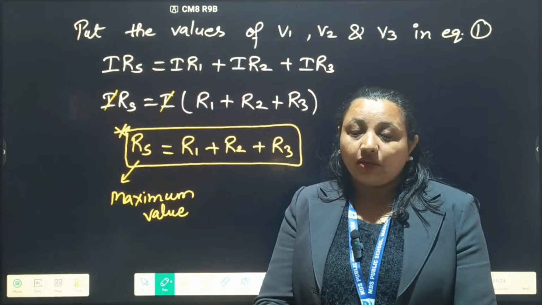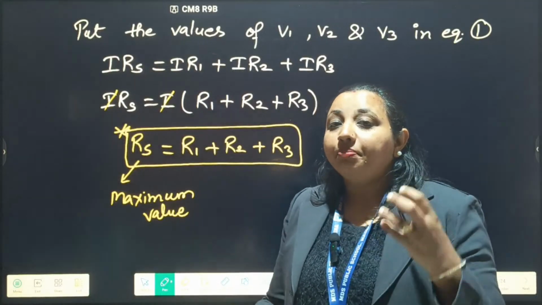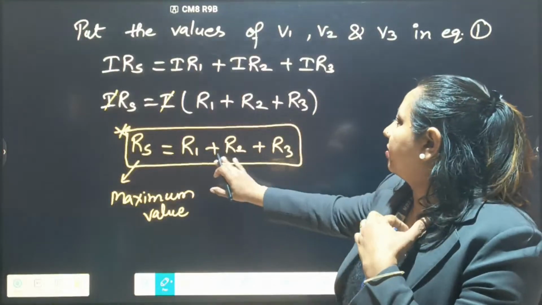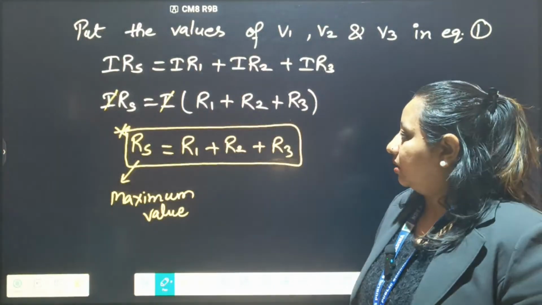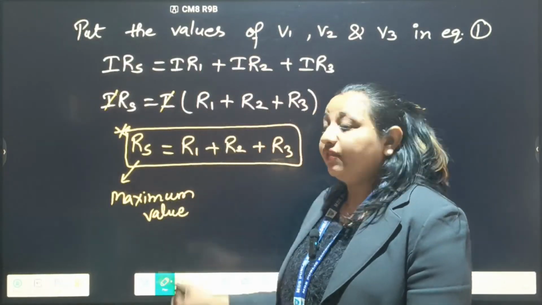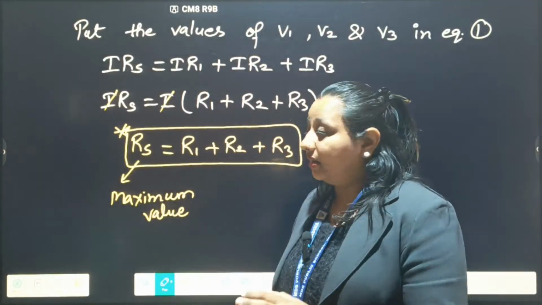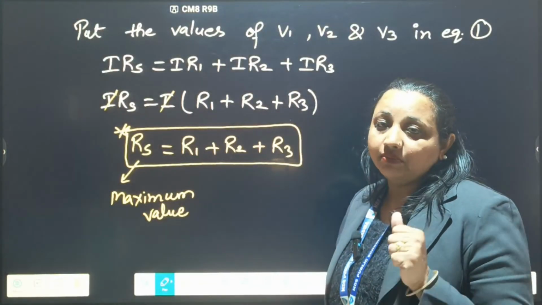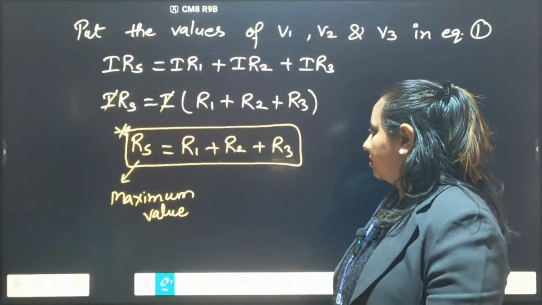Series combination में. और parallel combination में we have minimum equivalent resistance. So this is RS is equal to R1 plus R2 plus R3. Here we get the maximum value because all the individual resistors get added. ठीक है? यहाँ पे resistance add हो जाता है. Then we get the maximum value of equivalent resistance.